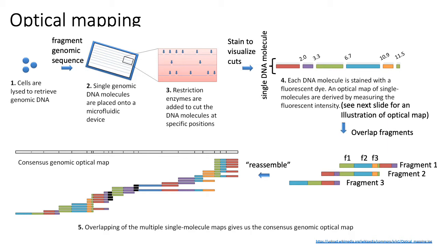After you stain all of the DNA molecules, you can get a visualization of not only where all of the genomic fragments are, but where all the cuts have been made along each of the genomic fragments due to the restriction enzymes.